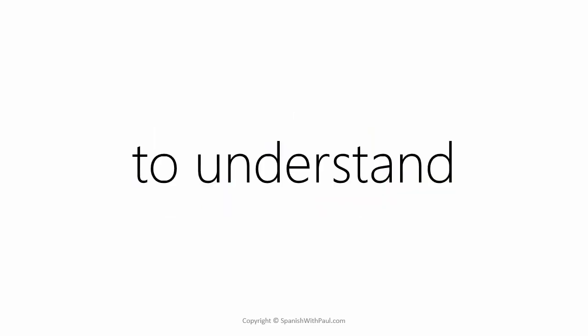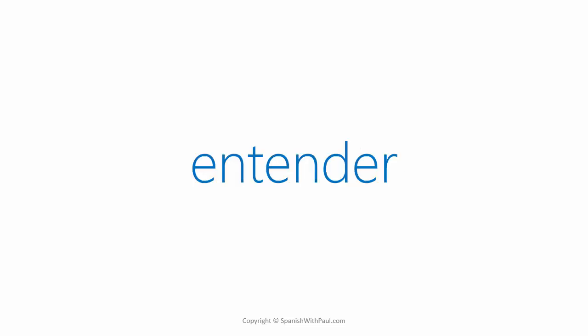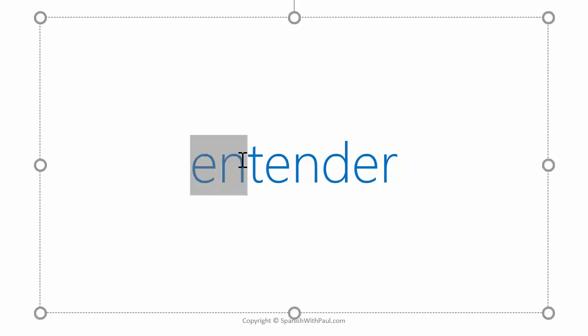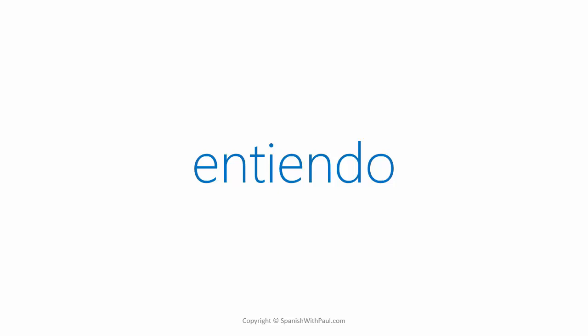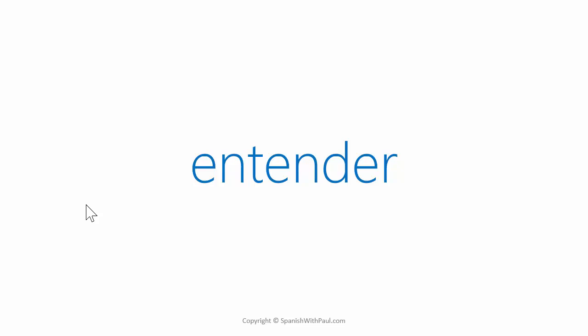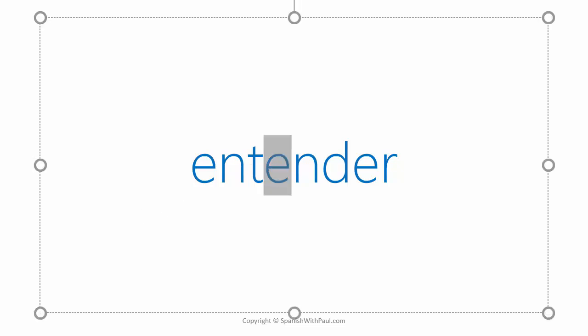The verb to understand in Spanish is entender. We have three syllables, entender. And to express I understand, the sound goes to entiendo. Notice that in the full verb, we have just an E, entender.